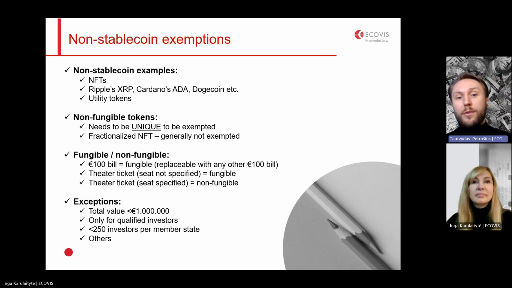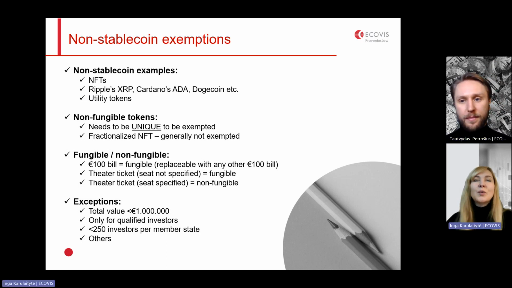And the final group of crypto assets that are exempted are the ones that can be used in a very limited environment. So these are like loyalty points and similar items. So what we try to explain here, there are a lot of different types of non-stablecoin crypto assets that might be exempted under certain conditions.